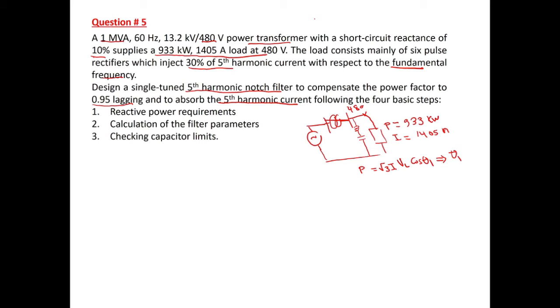So cosine theta 2 is 0.95, and then we can calculate theta 2 for the whole system.